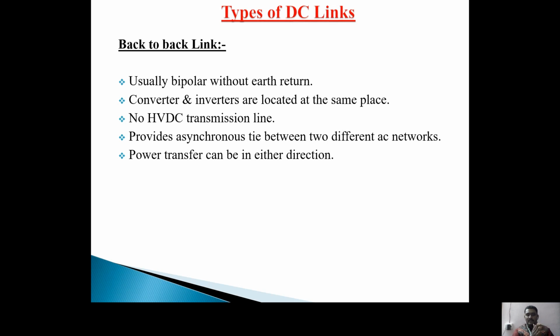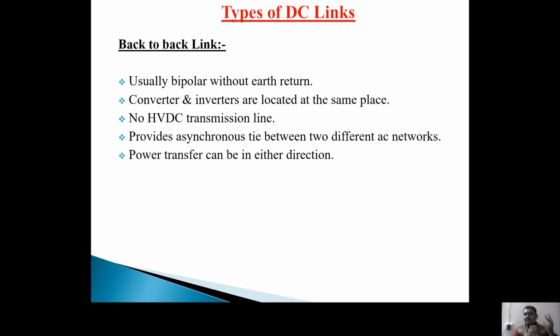For example, if we take two power systems, here the two power systems are connected through a DC link. Why are we using a DC link connection between two power systems? Because there is an asynchronous tie, that means with different frequencies.